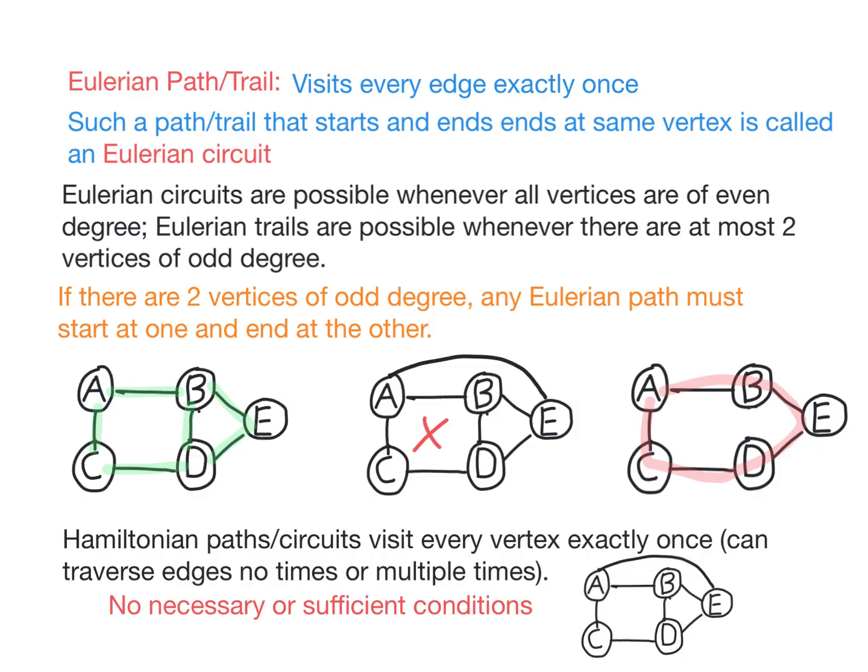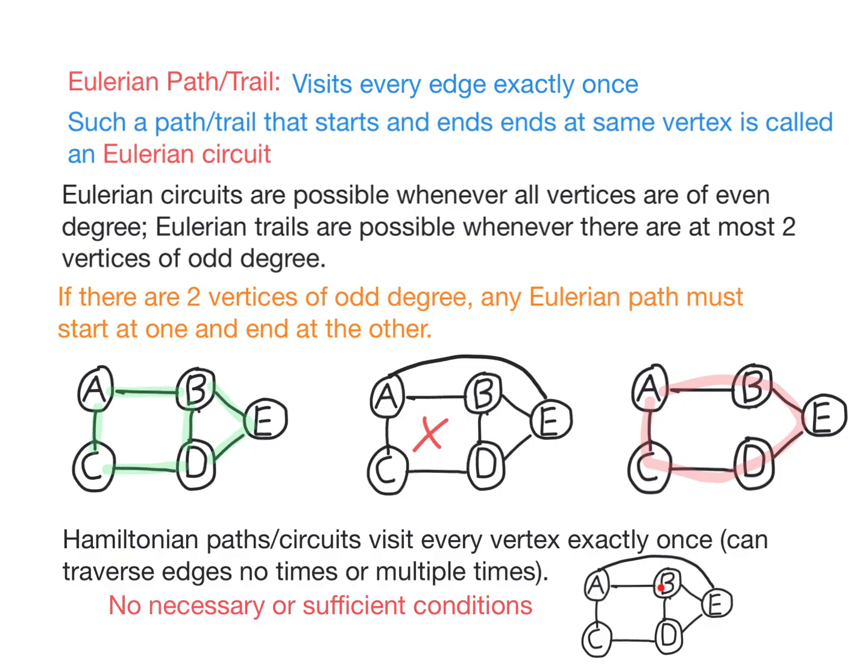So Hamiltonian paths and circuits are harder because there is no necessary or sufficient condition. So Eulerian paths visit every edge exactly once, Hamiltonian paths visit every vertex exactly once. But it's not clear from looking at the graph whether or not a Hamiltonian path or circuit is possible.